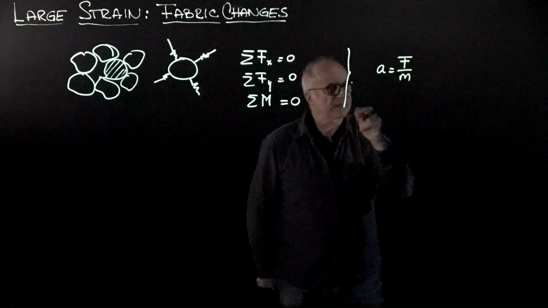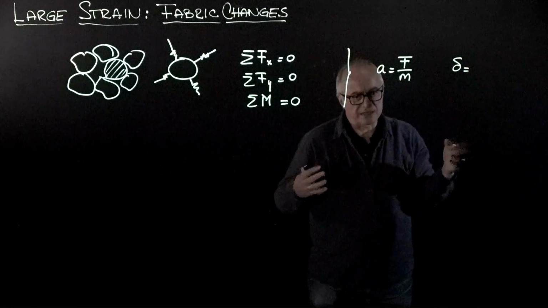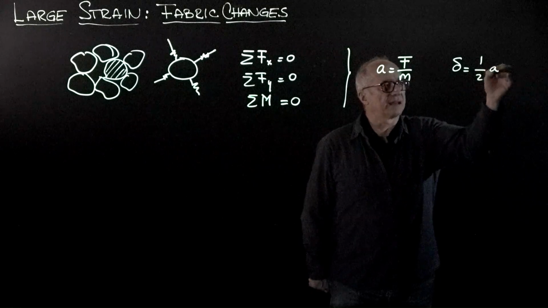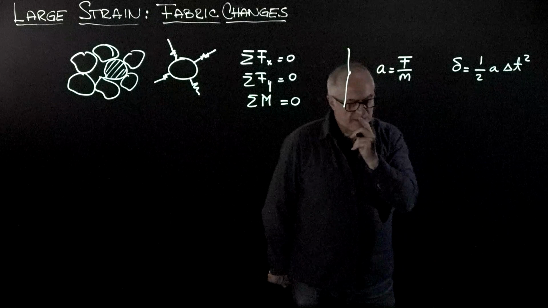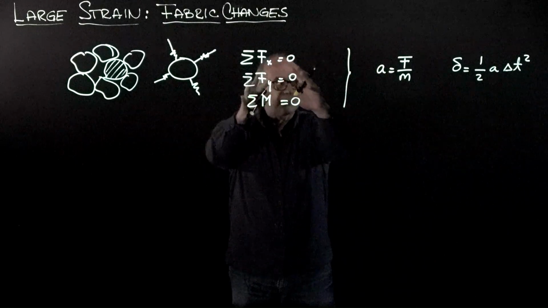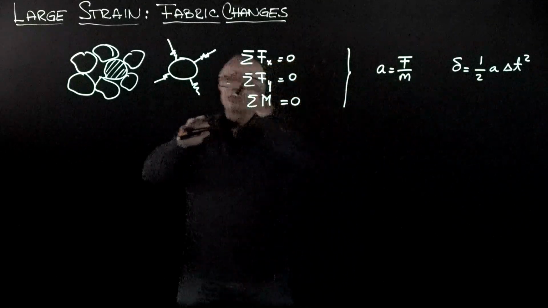And if there is an acceleration, there will be a displacement, if it starts at rest, equal to 1/2 acceleration times delta t squared. Therefore, an unbalanced force will create an acceleration, creates a displacement, and the particle will move.